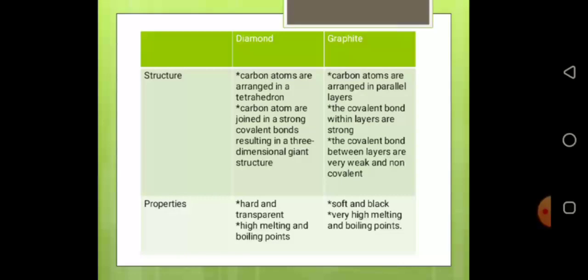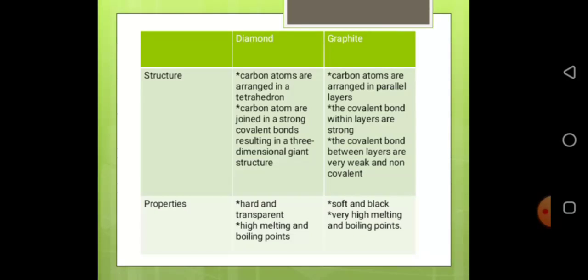We can only use diamond to cut diamond. It's very hard. It also has a high melting and boiling point. Since diamond is hard, it must have very high melting and boiling points.